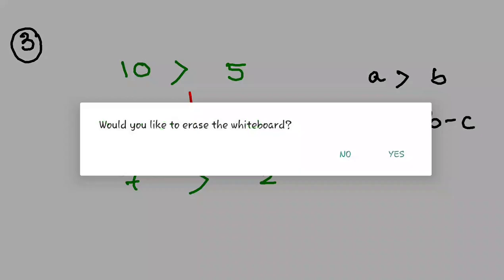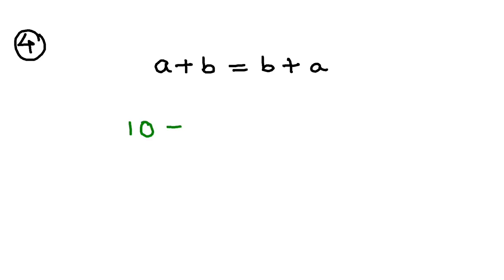Let's go to property 4, commutative. Do you recall what is commutative while you studied addition? A plus B is always B plus A. But if I have 10 minus 6, is it equal to 6 minus 10? 10 minus 6 is 4. 6 minus 10 is minus 4.